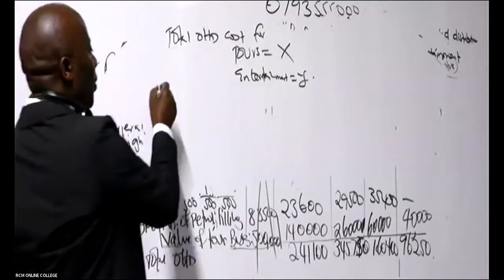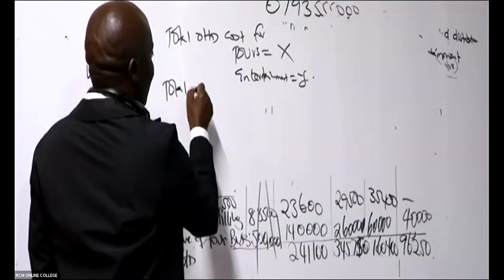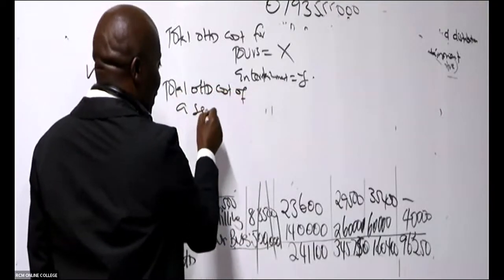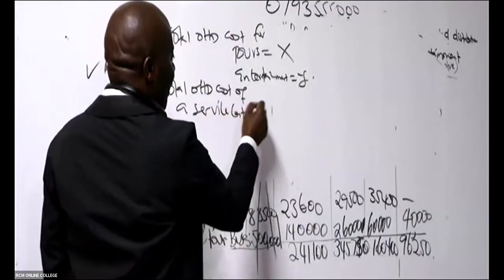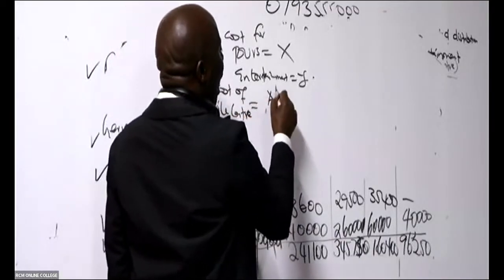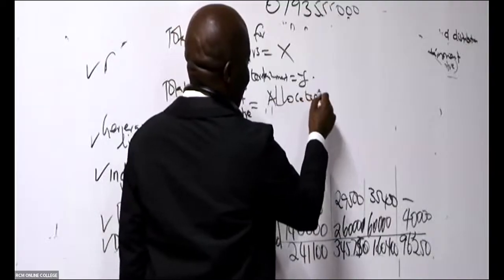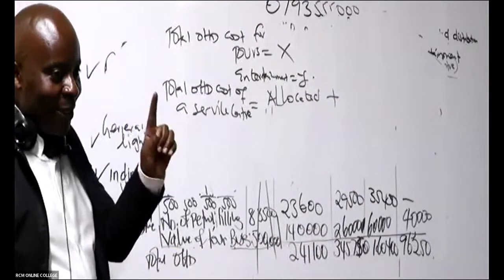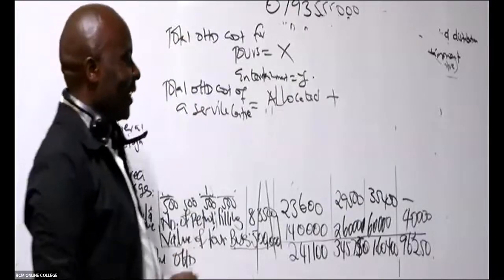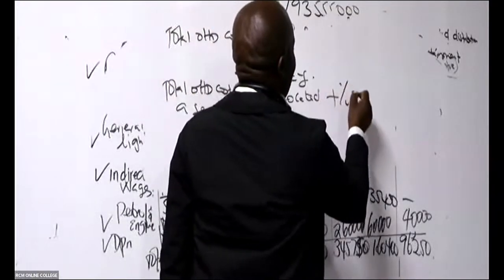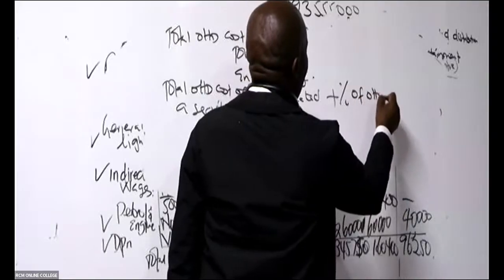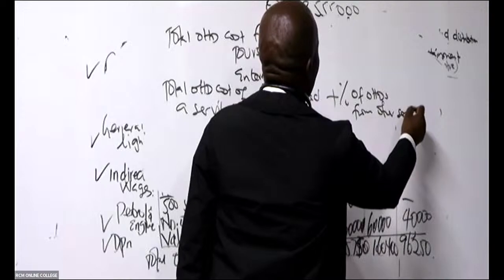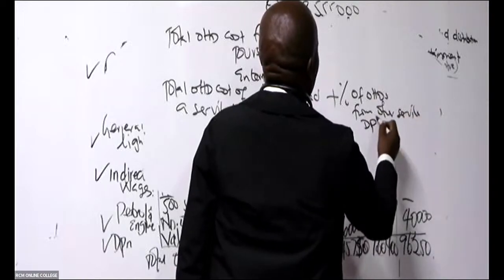We normally say the total overhead cost of a service center equals the allocated overhead plus the percentage of overheads from other service departments.